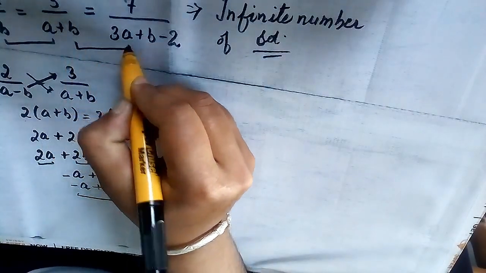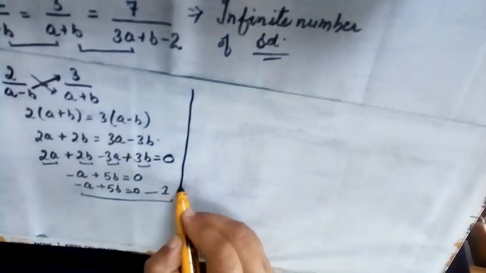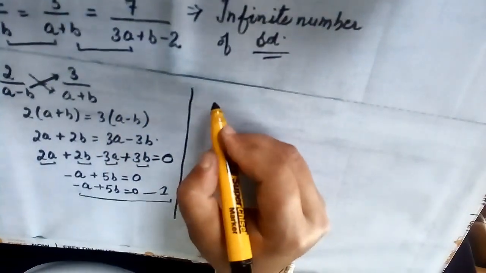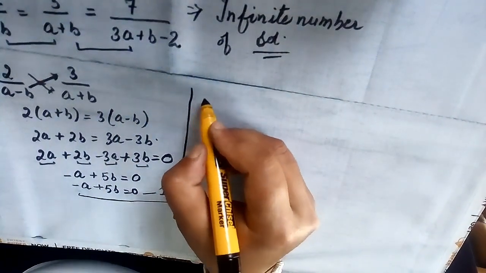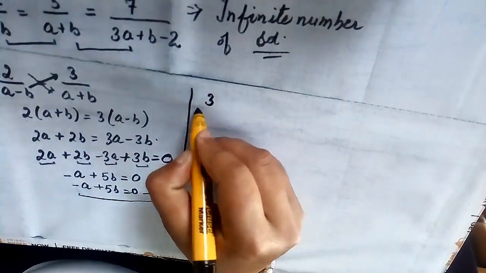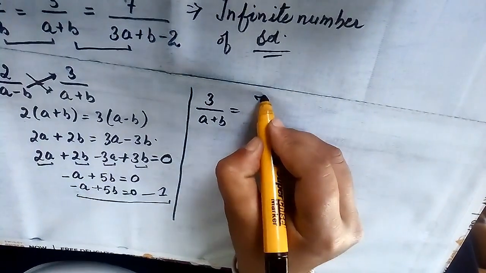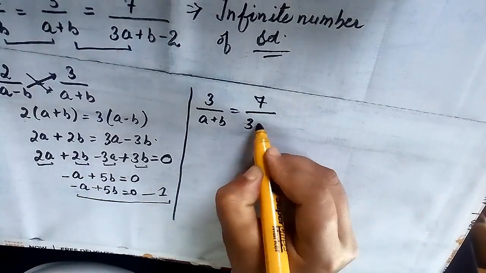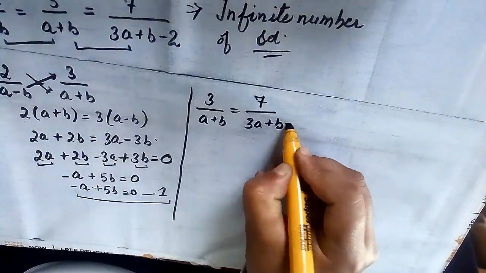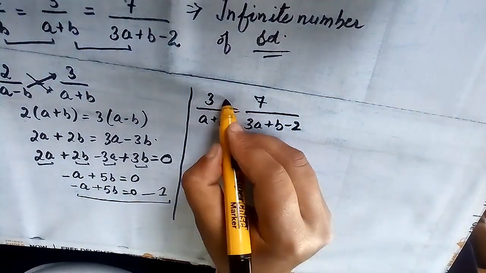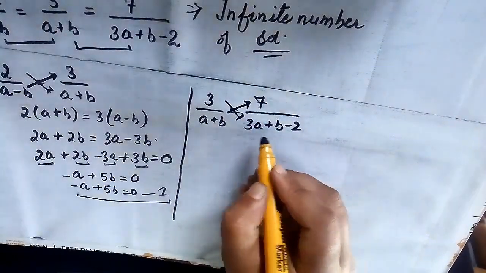Name it equation 1 and let us find out the second equation. So for the second equation I am taking the second and third part, that is 3 upon a plus b equals 7 upon 3a plus b minus 2. Remember, you can take the first and third part also.